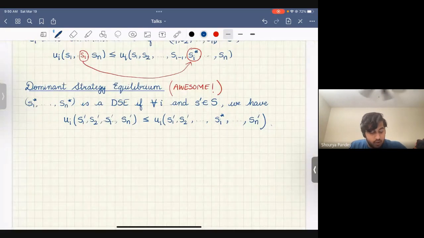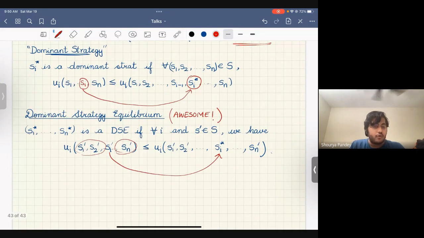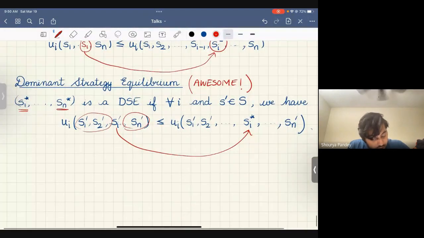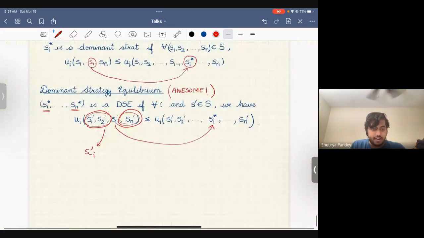So no matter what the others are doing, I can just change this, right? It's the same thing as before, but now each player has such an Si star. I'll refer to the strategies of the other players as S minus i, and since I'm in a prime right now, S minus i prime.